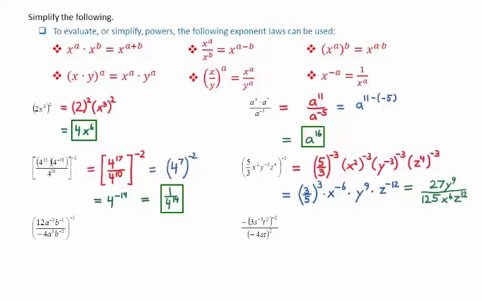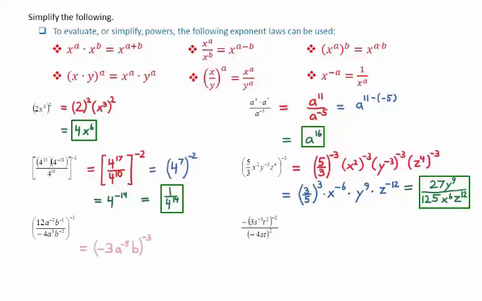Our final result then, we have 3 cubed giving us 27, and 5 cubed on the denominator giving us 125. The y to the 9 stays on top. Note that the x to the 6 and the z to the 12 move to the denominator because they had a negative in the exponent.